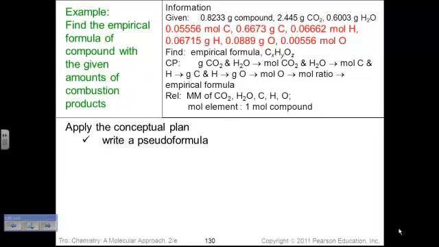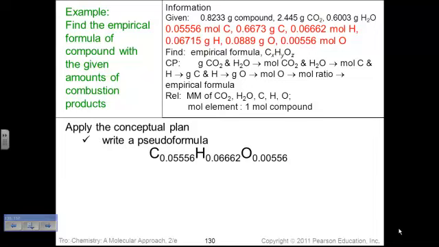Write them into a pseudo formula and see what we have so far. We have C, 0.05556 moles, H, 0.06662 moles, and 0.00556 of the oxygen. Pseudo formula because we can't leave them as decimals.